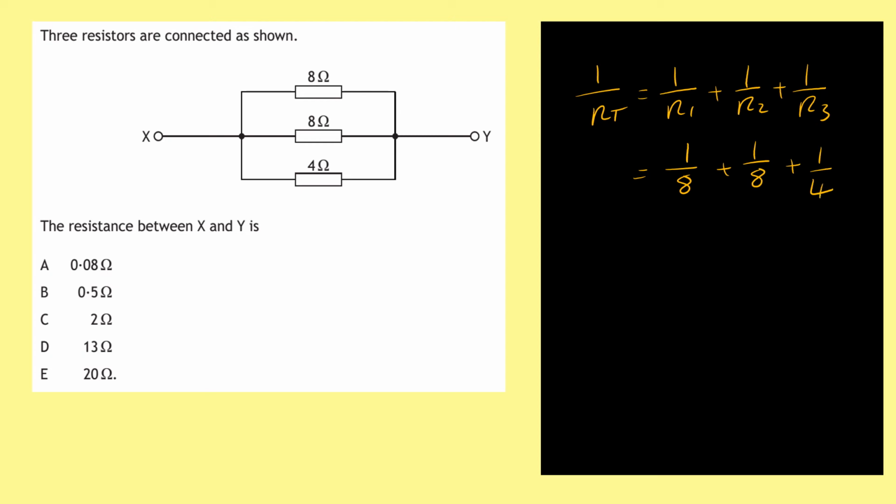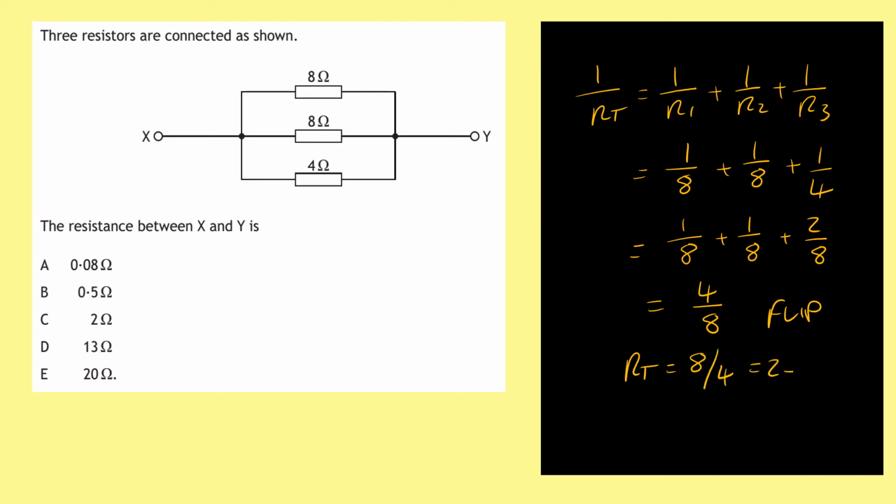We're going to take 8 as our common denominator here. So that's 1 over 8 plus 1 over 8 plus 2 over 8, giving us 4 over 8. 1 over RT is equal to 4 over 8. We must remember to flip. So RT is equal to 8 divided by 4, which is 2 ohms.